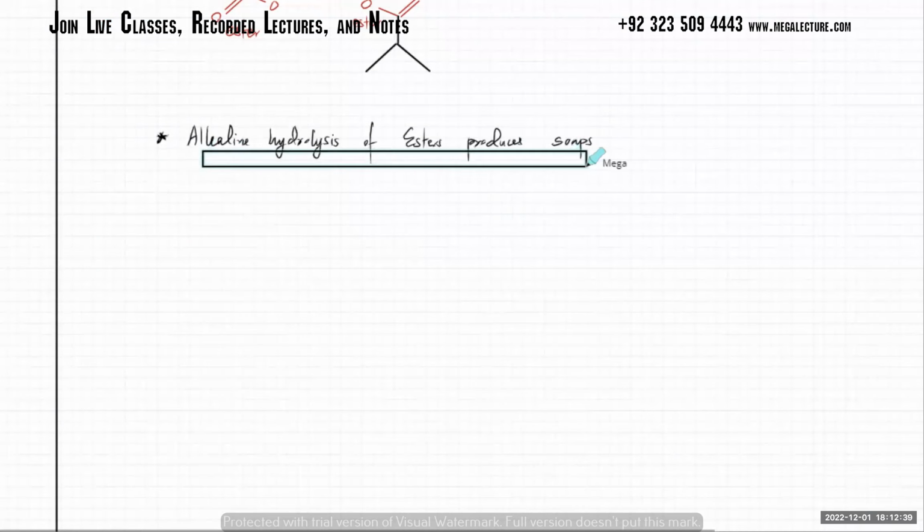So the question is what are soaps? तो soaps का ये कि salts होते हैं, ठीक है। So if you have an ester and you hydrolyze it using NaOH, so let's say I've got an ester with C double bond O and O in the middle of the carbon chain.